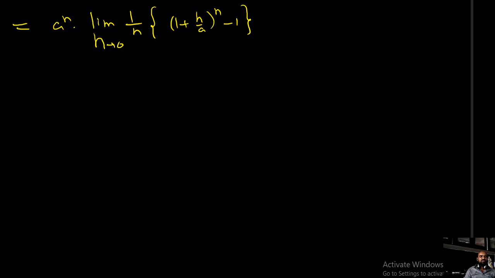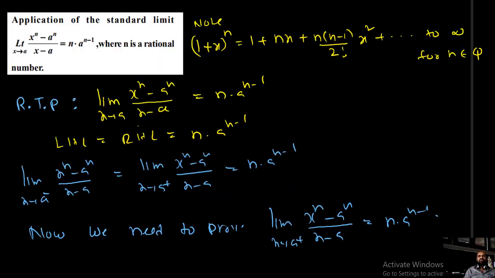Okay, just easy only, students. Now listen. So this is same as a power n as it is, limit h is tending to 0, 1 by h. Now I want to expand this. I already clearly explained how to expand this.